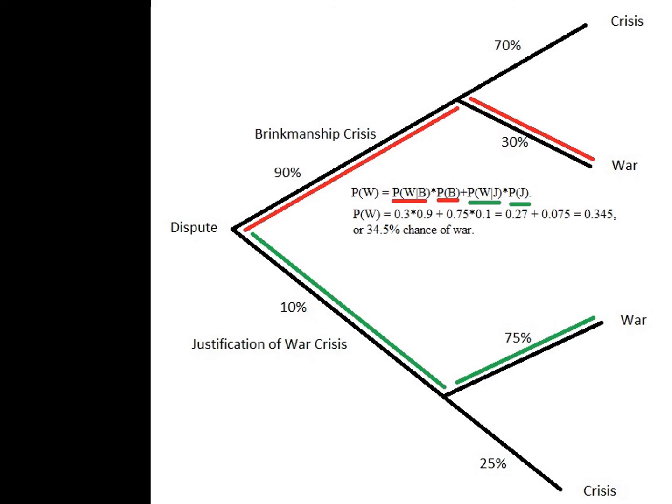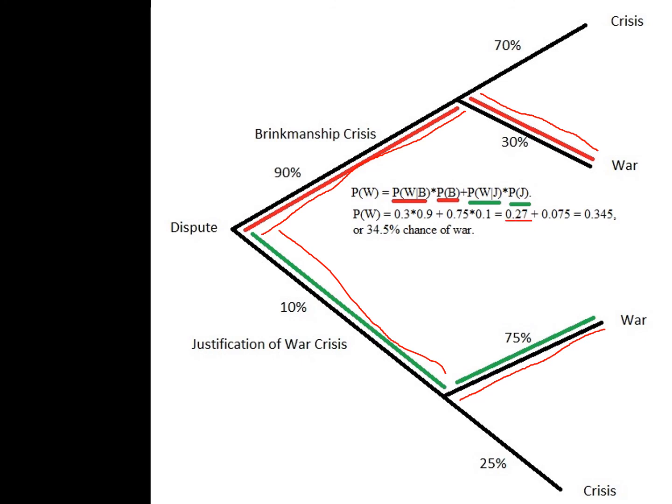So the calculation we do is the probability of war is 0.3, which is the probability that a brinkmanship crisis is going to go to war, and we've indicated this in red, times the probability that we have a brinkmanship crisis, which is 90%, plus the chance of war from a justification of war crisis times the probability of a justification of war crisis.